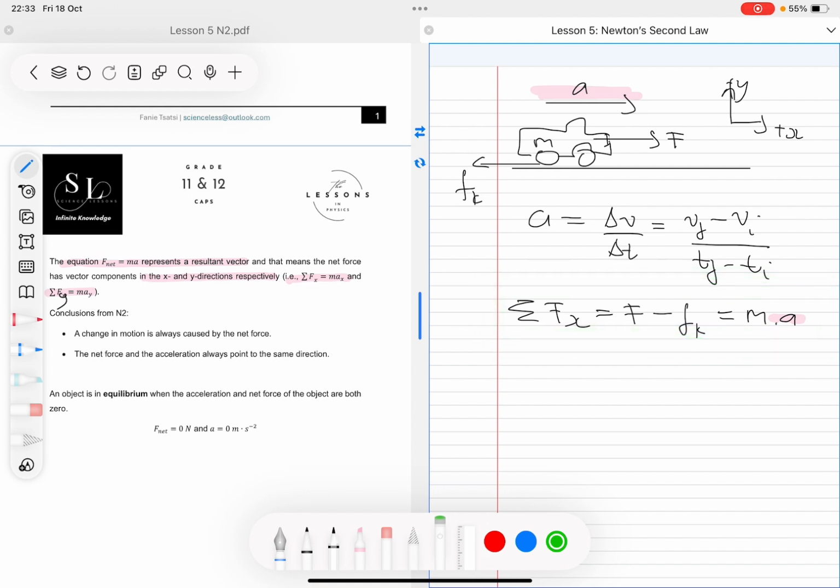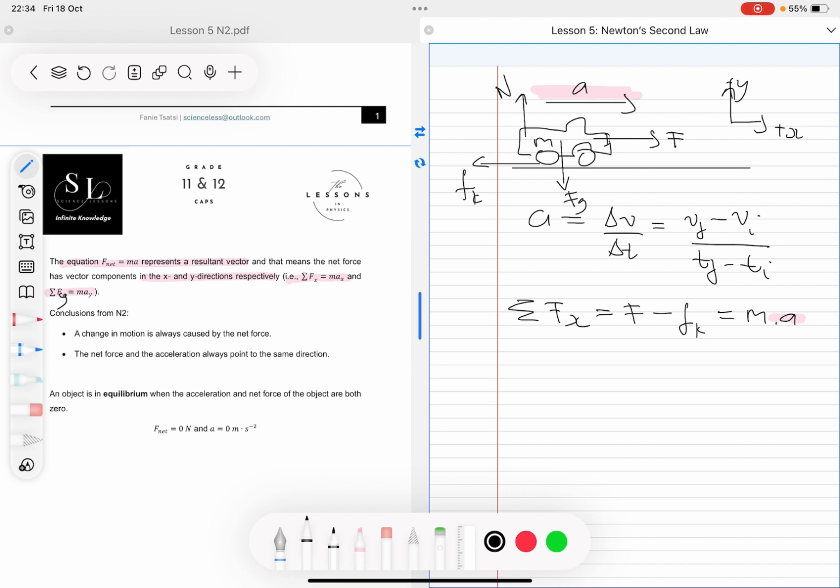But we also know that this object will experience the force of gravity, Fg, in the vertical direction. And also there will be some form of normal force here. My normal force should be vertically straight, it shouldn't be inclined like that.